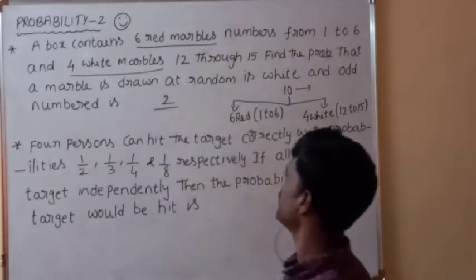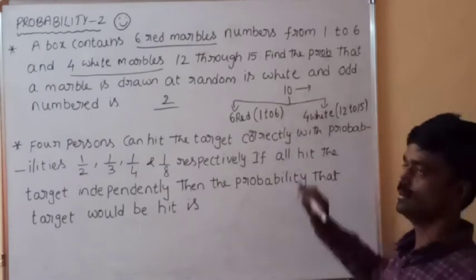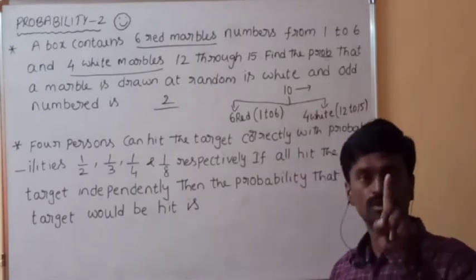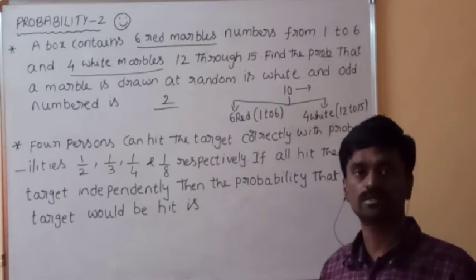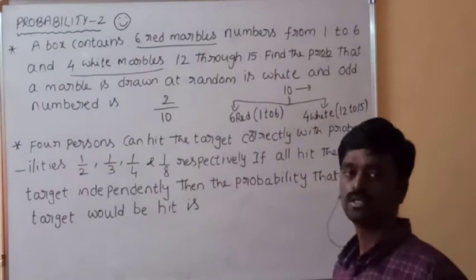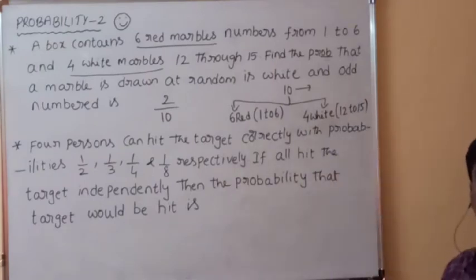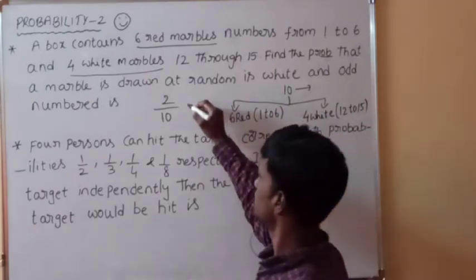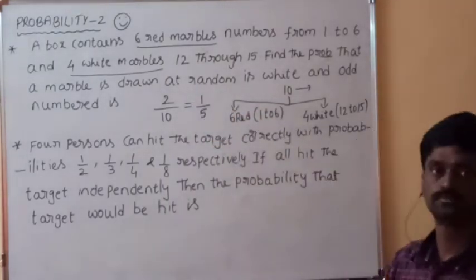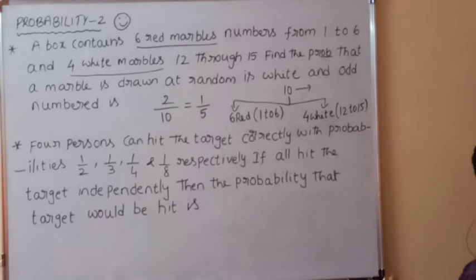Out of how many total cases? 10, because the box contains 10 marbles and we have to draw only one marble, which can be done in 10 ways. So the required probability is 2 upon 10, which is equal to 1 upon 5. Just a one line answer.